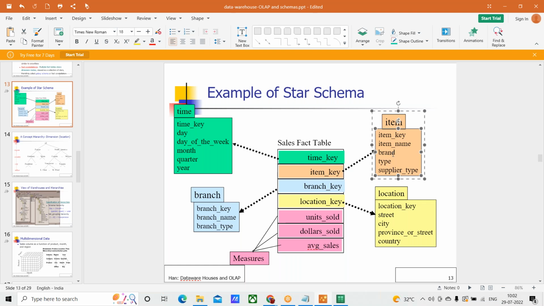That's why I was saying, people will ask which is better, star schema or Snowflake schema. We should not answer that star is better or Snowflake is better. Both have their own advantages.